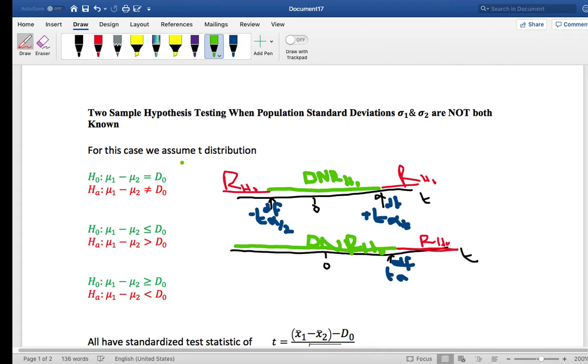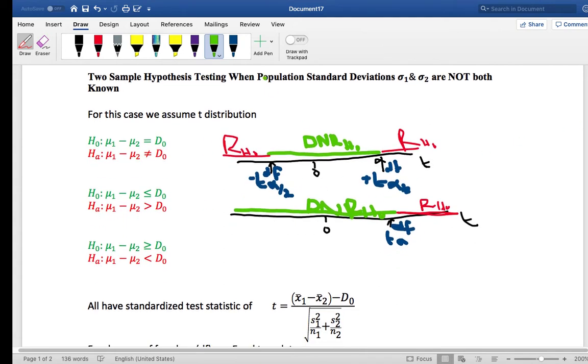And hopefully you're beginning to see patterns in this stuff. Even if you're not, I recommend that you have something like this on your cheat sheet. And this final one here is going to be a one-tailed test, rejection to the left. Still a t-distribution, centered at 0. Rejection is going to be to the left, so your critical value is going to be on the left as well.